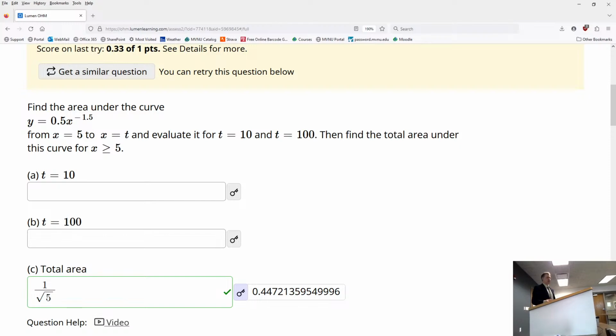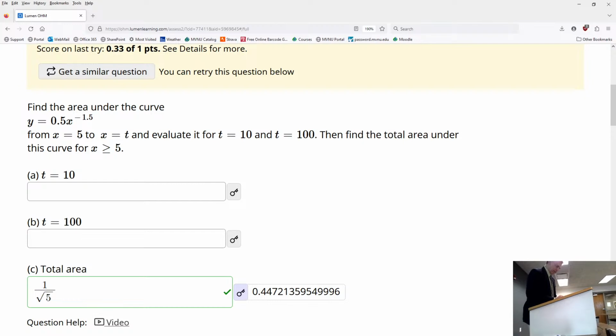I want you to feel okay about yourself. And that is to say that if instead of writing all of this down, you did this, let me just do this real quick. This is negative x to the negative 0.5 from 5 to infinity.